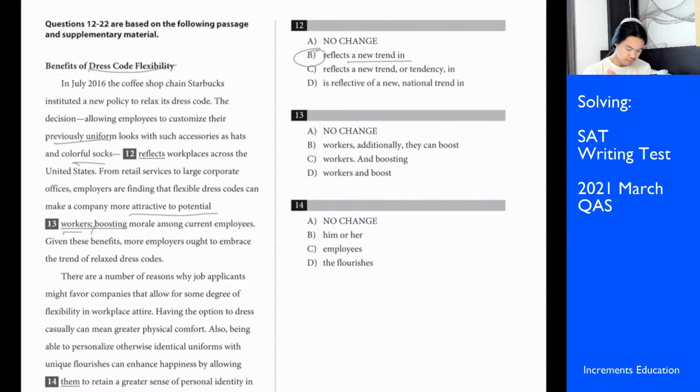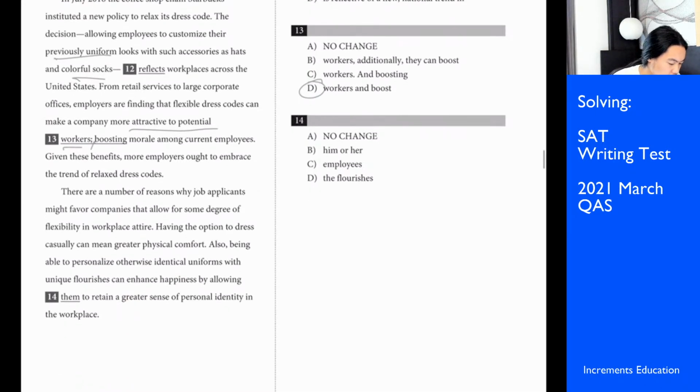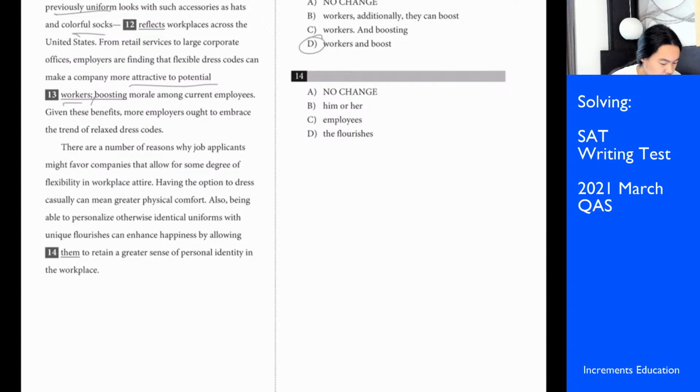We want parallel. Oh no, not parallel. Yeah, well, kind of parallel. Okay, kind of parallel. Coordination.